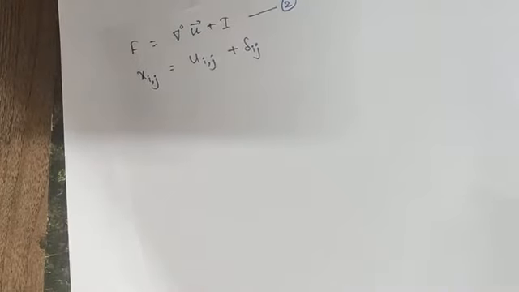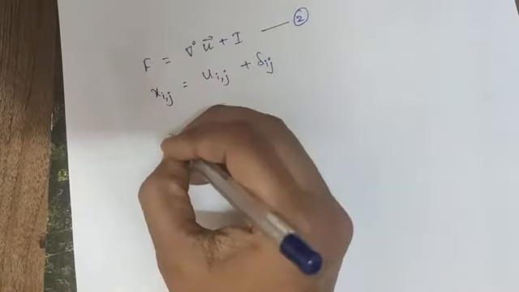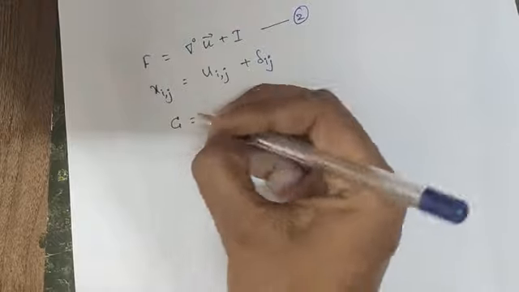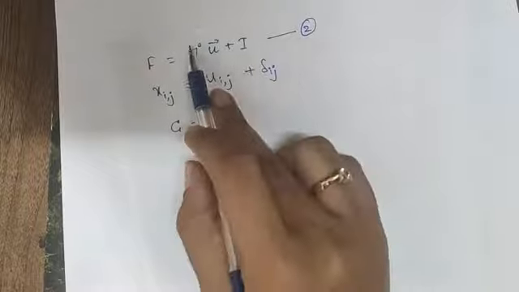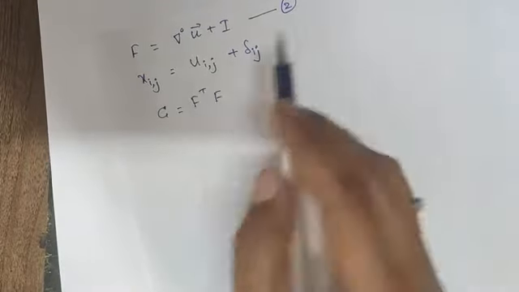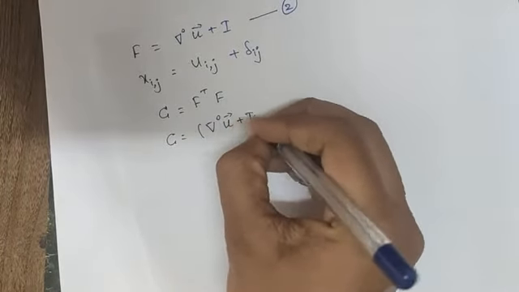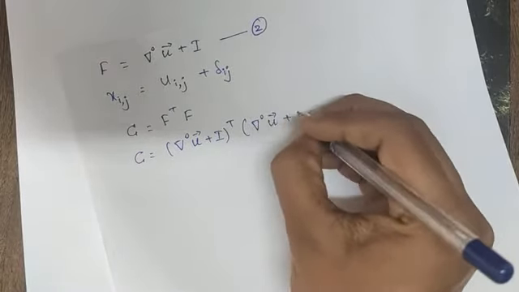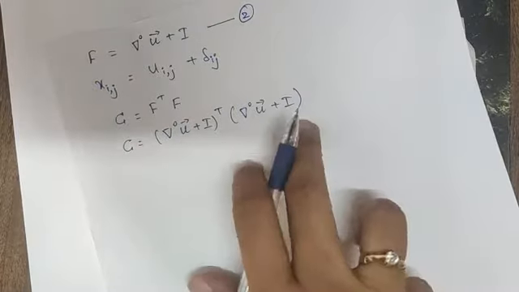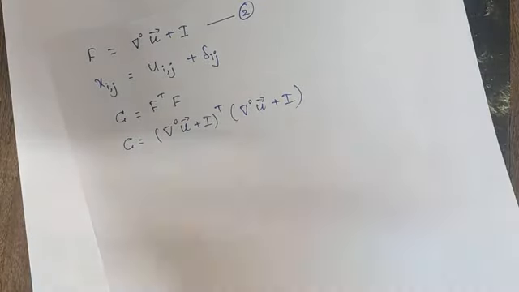For Green's deformation tensor, we denote the symbol C. We have the expression C is equal to F transpose F. From equation 2, I have an expression for F. So I can write C is equal to del naught u plus I whole transpose into del naught u plus I. Simplify this and you will get an expression for C, which is Green's deformation tensor.